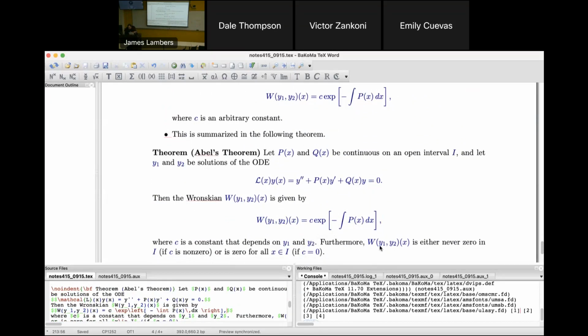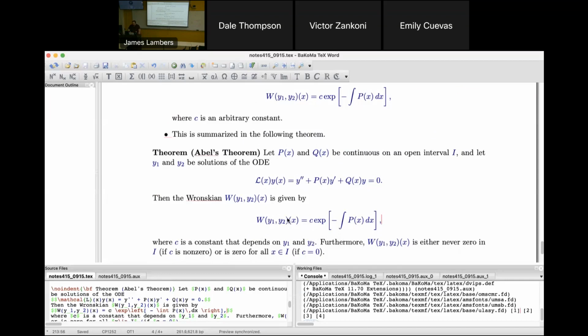And the Wronskian is either never 0 or always 0. It depends on this constant c. It really boils down to the Wronskian being non-zero or 0, depending on whether the two functions y1 and y2 are linearly independent or not, or they're scalar multiples of one another.